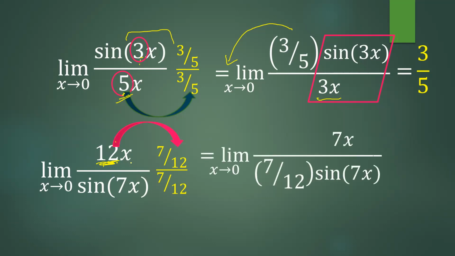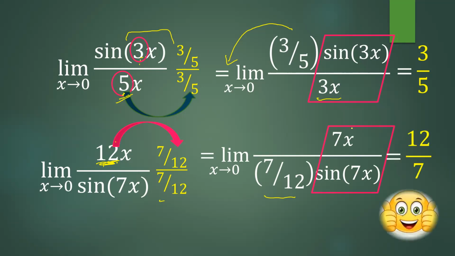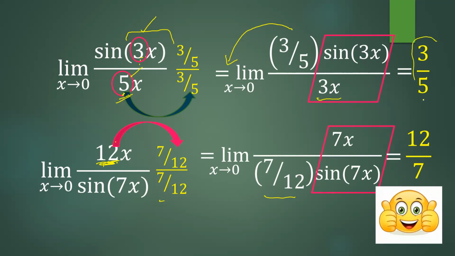So it will just be 7x. Then the 7 over 12 we placed in front by the commutative property. Then we can combine this. That will still be equal to 1. So what's left is 1 over 7 over 12, or the reciprocal, which is 12 over 7. So we can see here that when the given is like this, it's just a matter of copying the coefficients of x, and that becomes our answer.